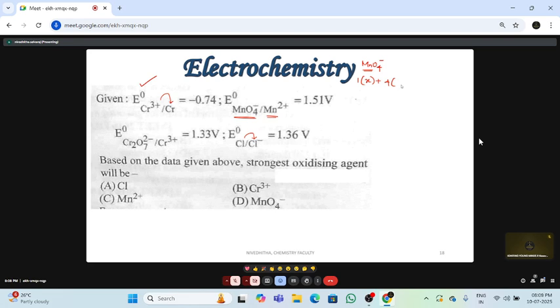What is the oxidation state of oxygen? -2. So I have only one manganese, whose oxidation state is to be calculated, so I have X, plus 4 oxygens with oxidation state -2, which is equal to -1, the total charge on the species, so I'm going to write it on the right side.